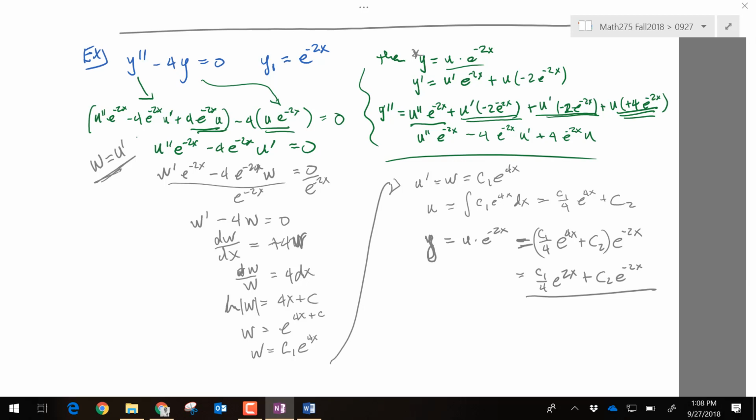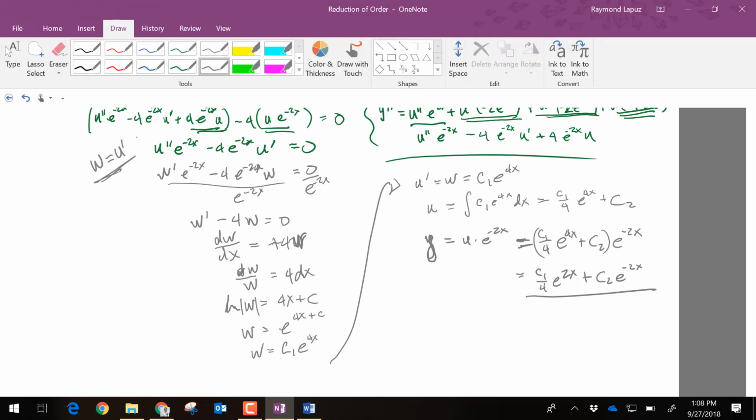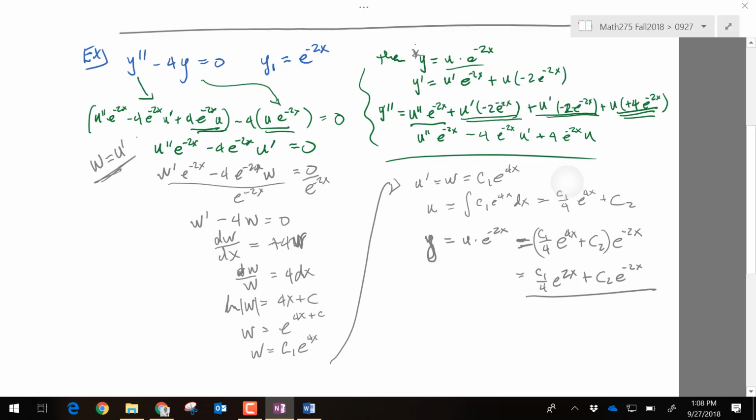Well, let's think about it first. We can think about this as our general solution, but the idea is that we have one solution already. What we're looking for here is what your second solution is, a fundamental solution. Now this looks like it's a combination of a couple of functions, right? And if we take a look at this function over here, that's already our first function.